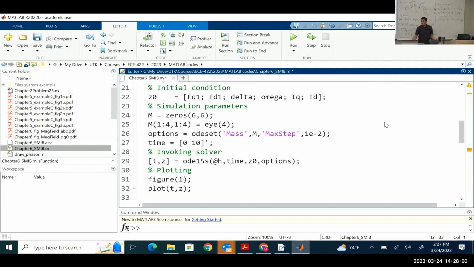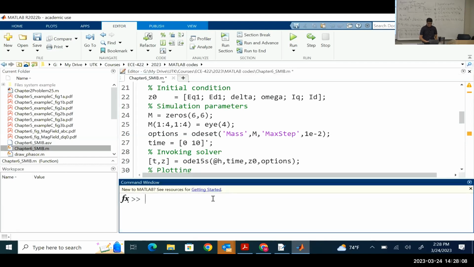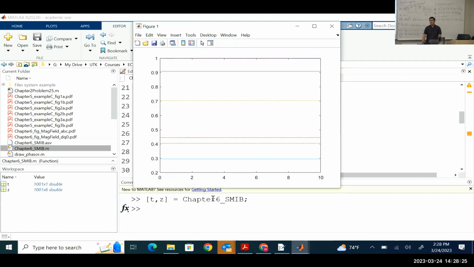Okay. So if we run this, hopefully this works, and we should get a steady state solution. So T and Z, chapter 6, single machine, infinite bus. Okay, we're fine.